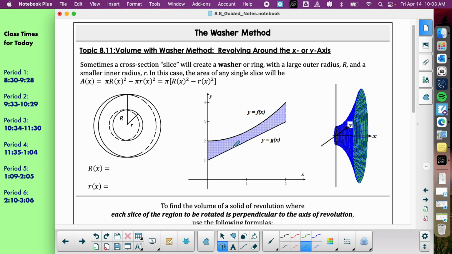Most students feel like this is more complicated. Just looking at the pictures, it feels more complicated. What I really dislike about this picture is it's trying to make it look 3D, which just screws up your eyes trying to look at it. It's basically a literal washer. Most of you know what a washer is, I think.